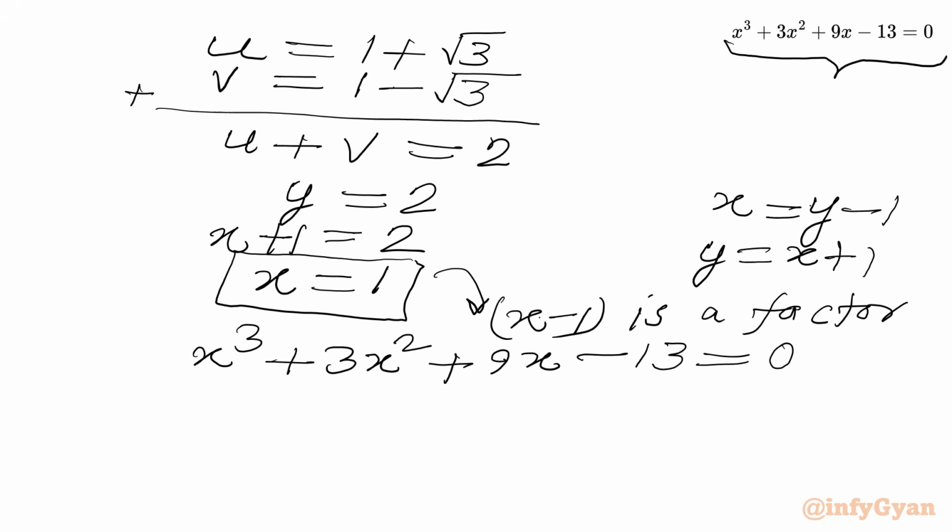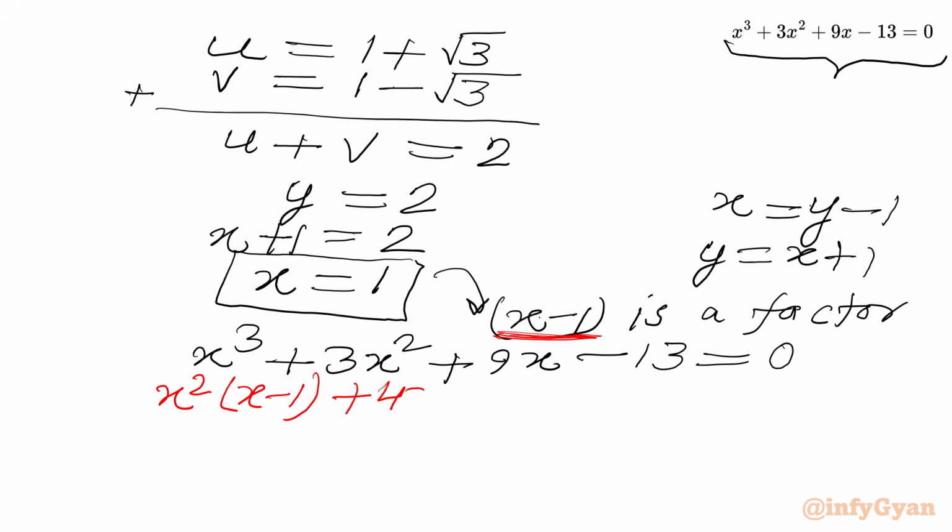Now we will write the leading term x cube as x square times the factor, which is x minus 1. X square times x is x cube. X square times minus 1 is minus x square. To compensate minus x square, we need to add x square. X square plus 3x square is 4x square.